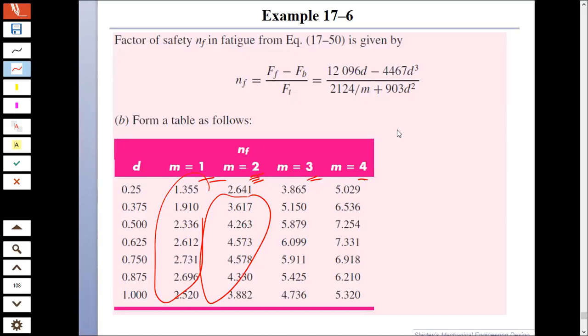And sir, are we taking these diameters ourselves, 0.25, 0.375? Standard diameters are available in tables; you will just pick any of these and go to the table. Okay sir. Look at what we did here.